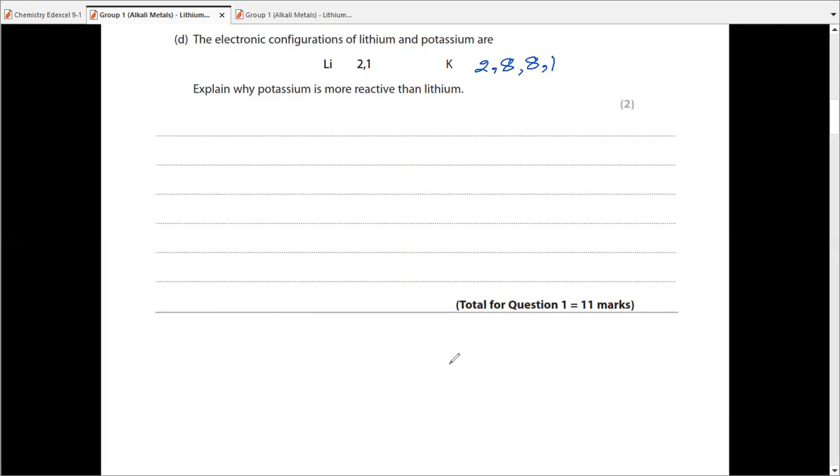It's closer to the nucleus in the case of lithium because it has a smaller structure. Good. What else? So how does that affect it? Because it's far from the nucleus, so the attraction is less. Right. So the attraction is less and it's far from the nucleus in potassium. So the electron is lost easily, and that's why potassium is more reactive.